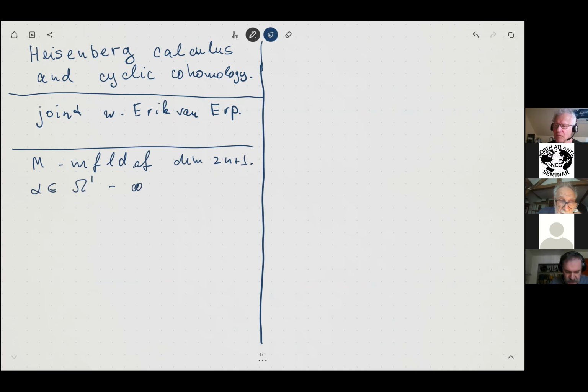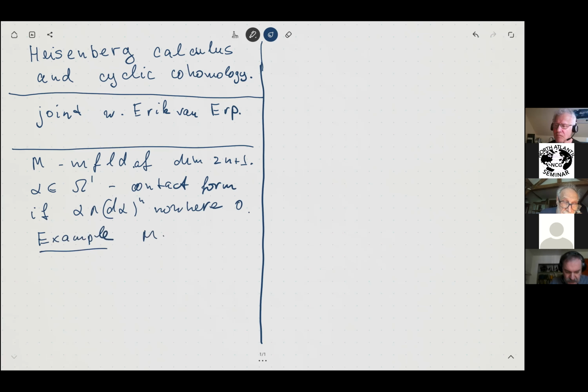A one-form alpha is called a contact form if alpha wedge d alpha to the power n is nowhere 0. So an example, if your manifold is R^(2n+1) with coordinates z, x1 through xn, y1 through yn.